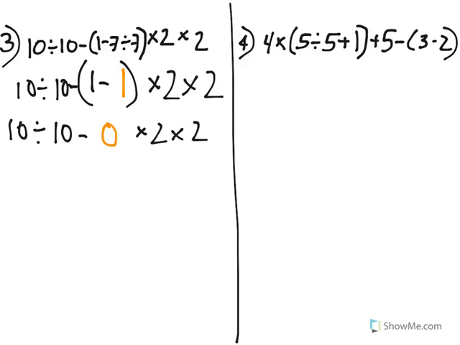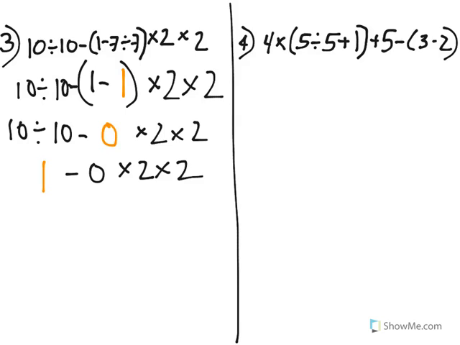Okay, now we have division, subtraction, multiplication, and multiplication. The division comes first because we work from left to right and we have division and multiplication. So we do 10 divided by 10, which is 1, and I will write down everything else.